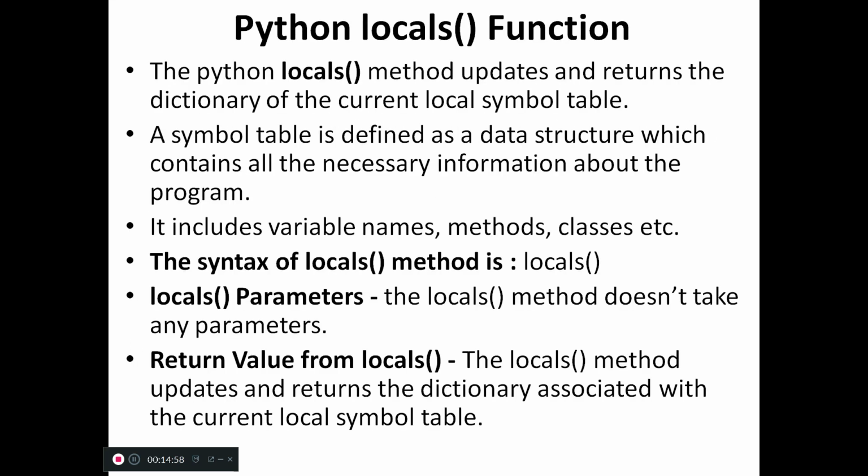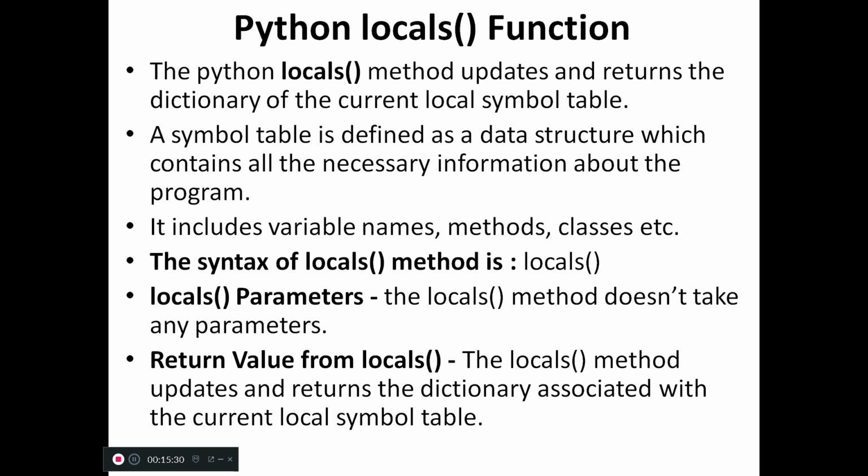Next, we'll move to Python locals. The Python locals method updates and returns the dictionary of the current local symbol table. A symbol table is defined as a data structure which contains all the necessary information about the program.